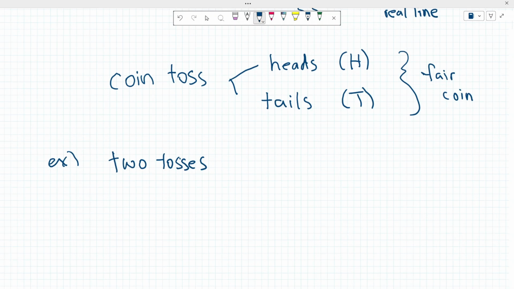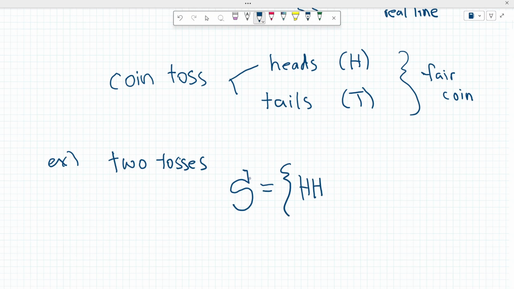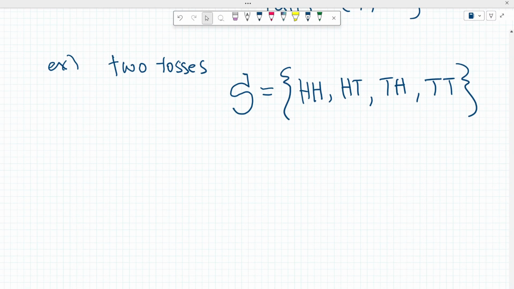We're going to first denote it as capital S. So we have our big S here, which is our sample space, and we see from our experiment that we end up with two heads in our first two tosses. Then we have a heads, then tails. Then we have tails, then heads. And on our last two tosses, we get two tails. So now we have this sample space that we have created from our random experiment.